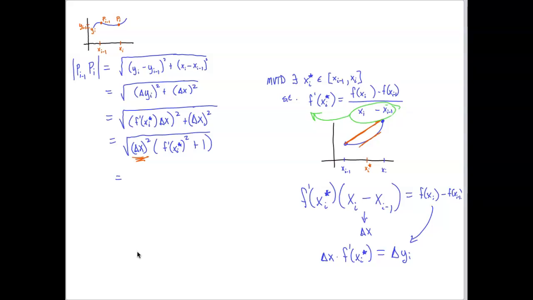So this becomes the square root of f prime of xi star squared plus 1 times delta x. Remember what this is: the linear distance between any two arbitrary points on the curve, right?